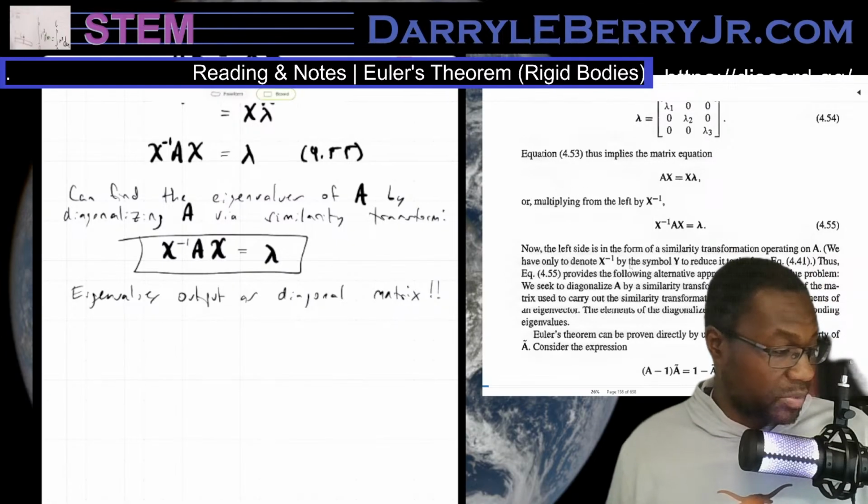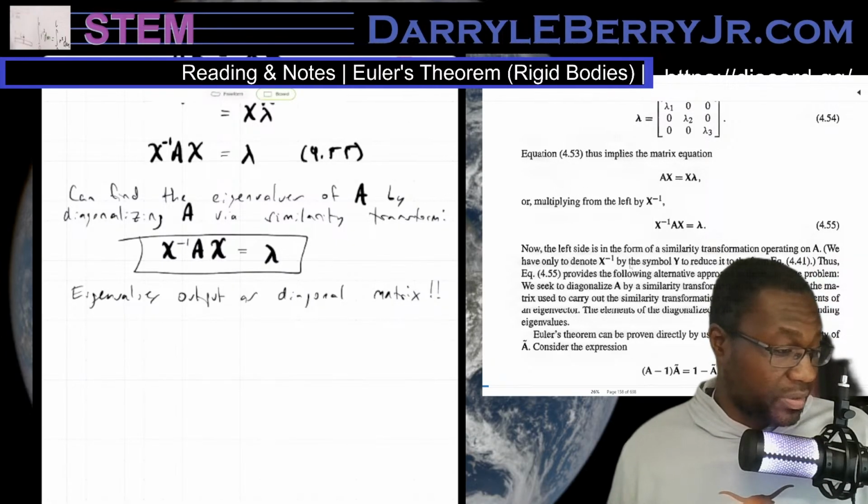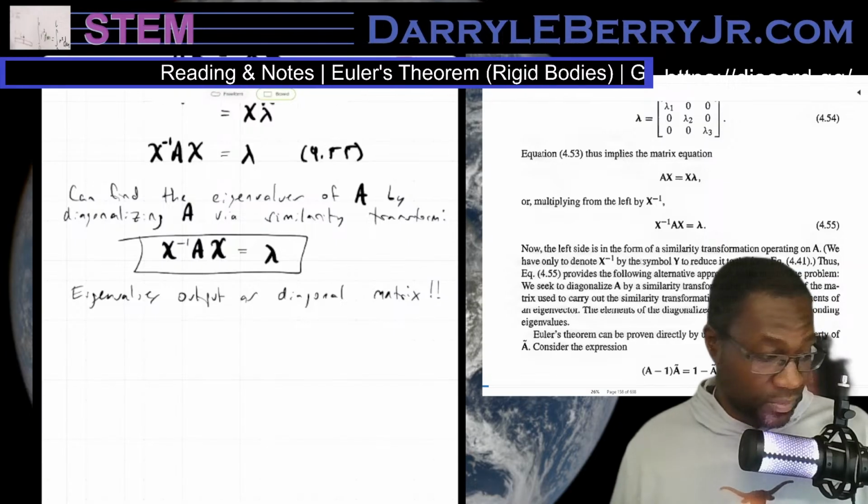Euler's theorem can be proven directly by using the orthogonality property of A transpose.